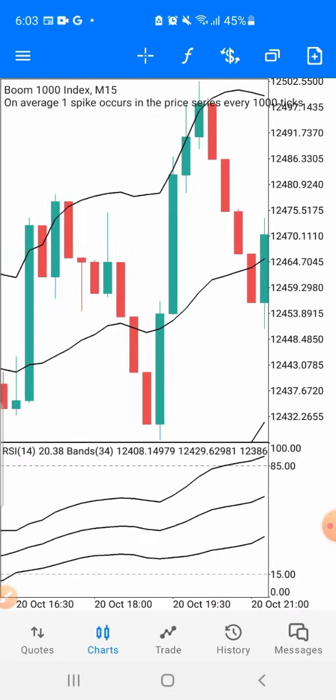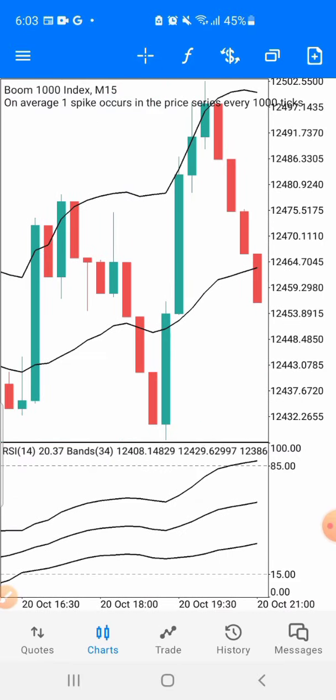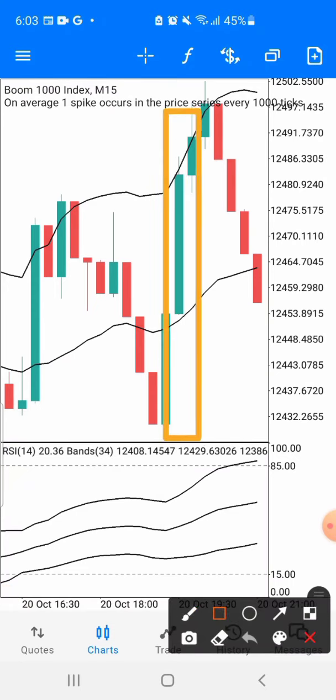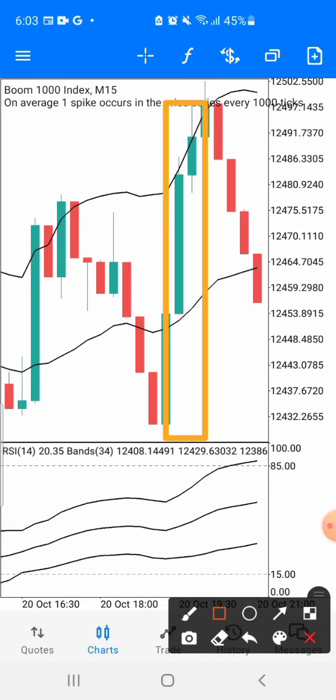If the price is spiking up this way, you're just waiting for when the candlestick will close completely to the upside above our Bollinger Bands. You're waiting for the price to close above our Bollinger Bands. Clearly closing above.